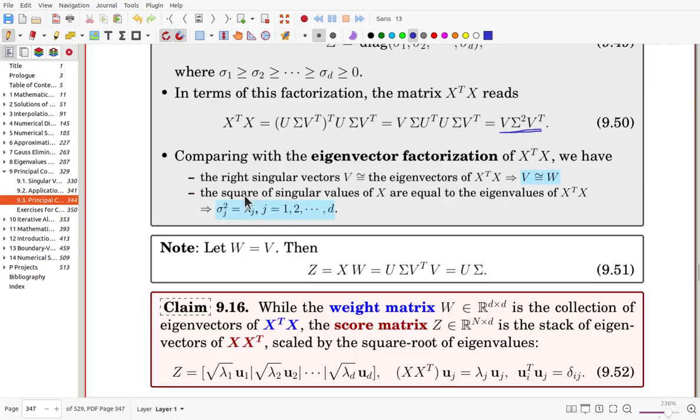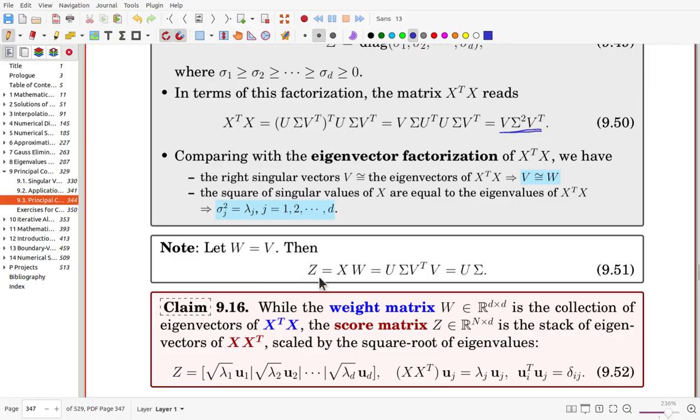Also, the squares of the singular values of X are equal to the eigenvalues of X transpose X. When we learn how to compute the singular value decomposition, we find the eigenvalues and then take the square root to find the singular values. So that is exactly this one. So we simply say W is V, ignoring the sign.